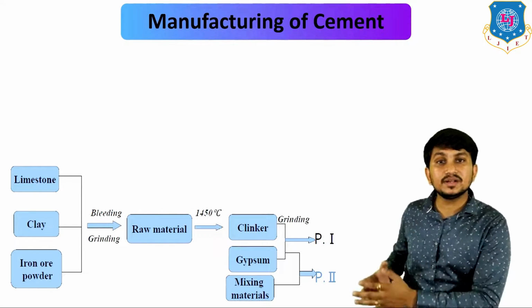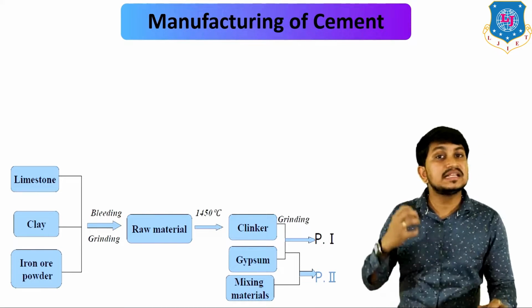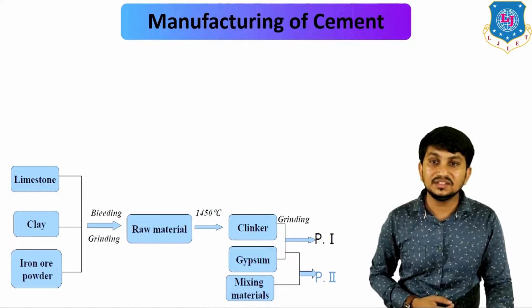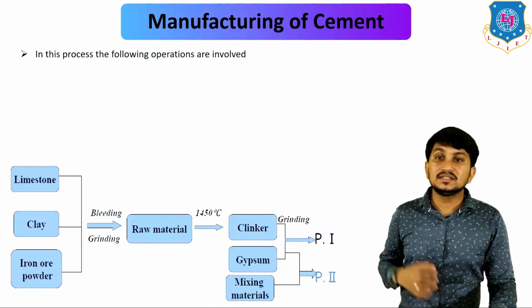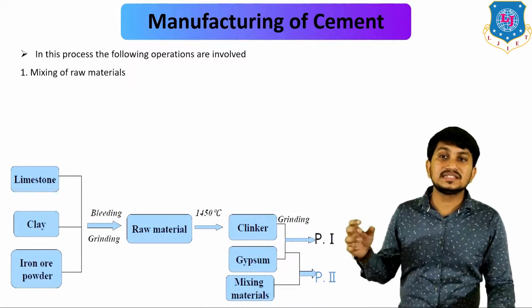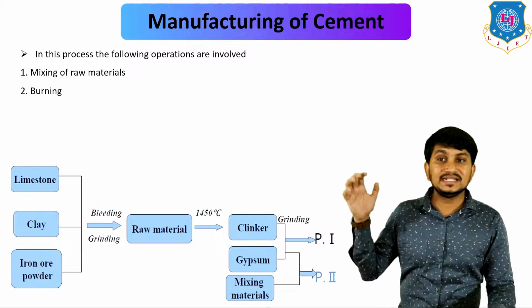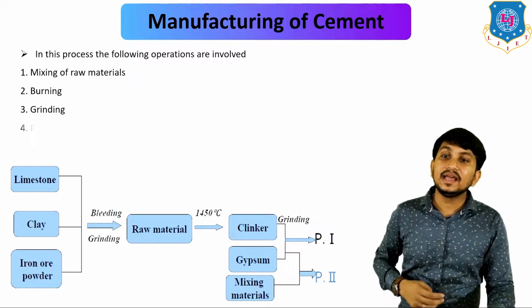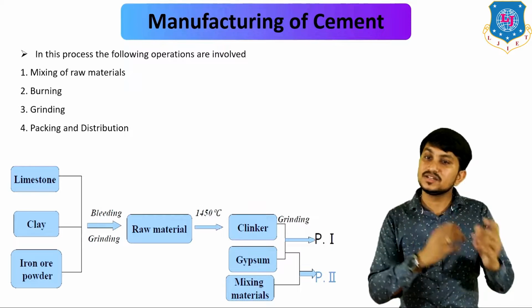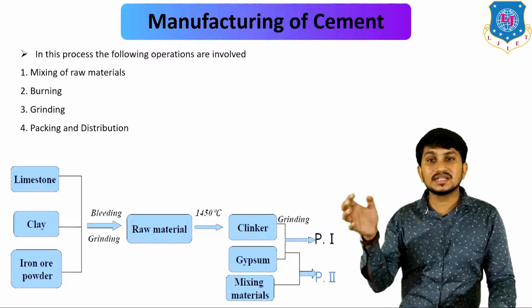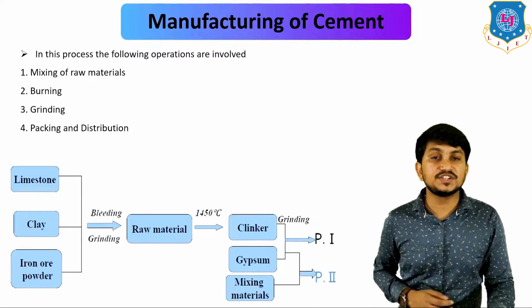Additionally, some mixing materials are added, like fly ash, silica fume, etc. In this process, the following operations are involved: first is mixing of raw materials, second is burning, third is grinding, and fourth is packing and distribution. These are the processes involved in manufacturing of cement.